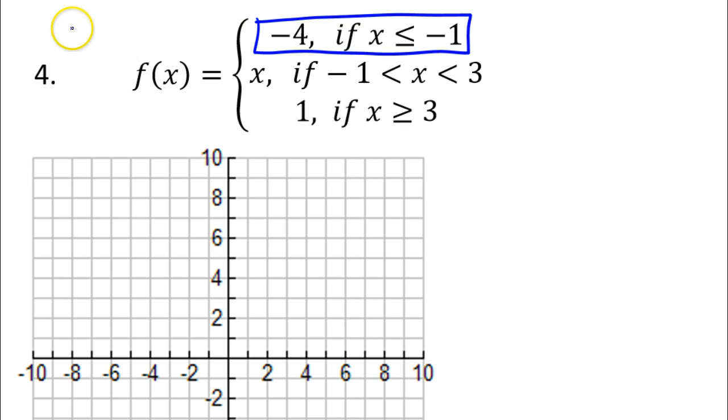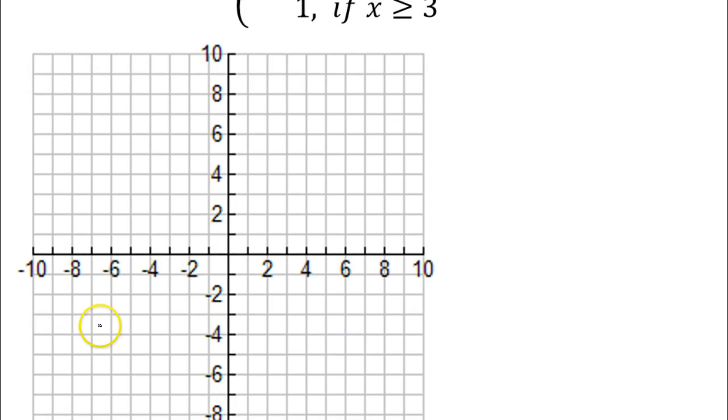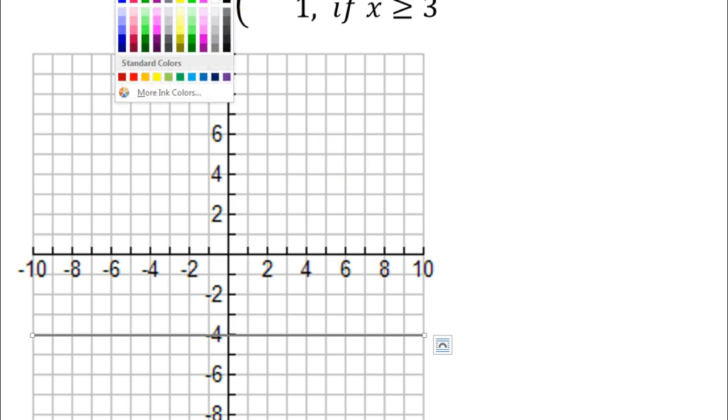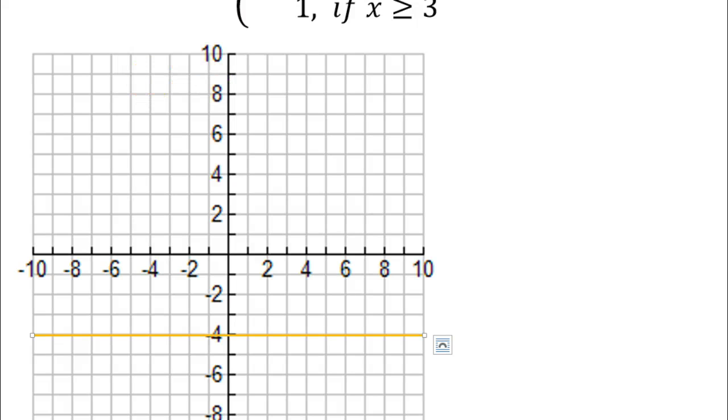So when you look at this, you should be thinking y equals -4. Y equals a number is a horizontal line. So this would be a horizontal line at -4. Okay, it would be like this. Okay, so here's my horizontal line at -4. I'll make it orange.